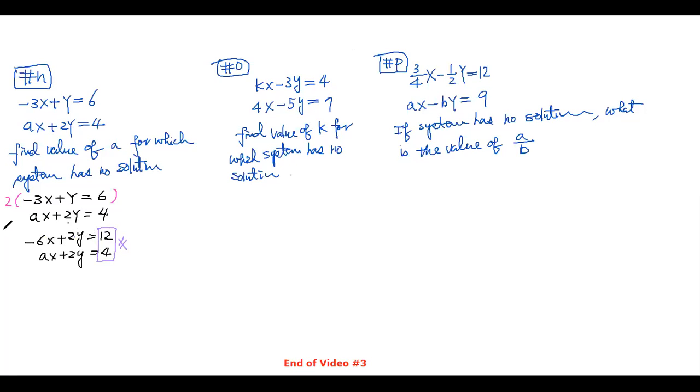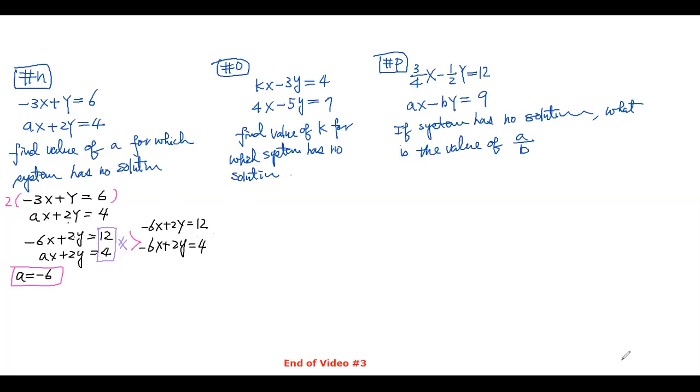So what is my A has to be? So A has to be negative 6. If A is equal to negative 6, then the first equation turns out to be negative 6x plus 2y equal to 12. Then the second one is negative 6x plus 2y equal to 4.